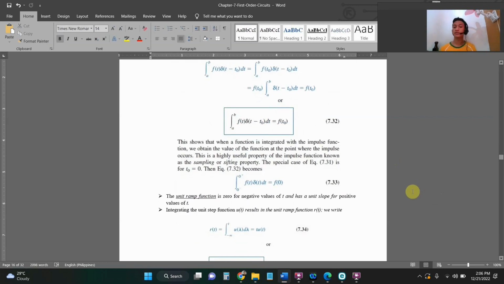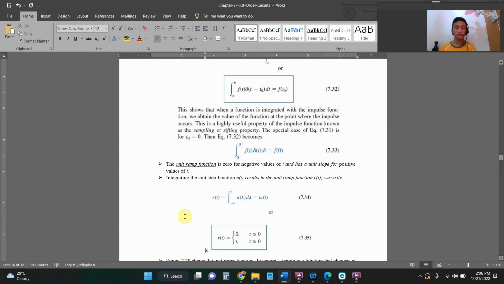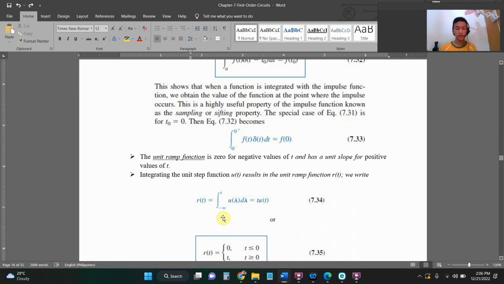The unit ramp function is 0 for negative values of t and has a unit slope for positive values of t. So integrating the unit step function results in the unit ramp function. We can write this as r(t) equals the integral of u(λ) dλ, with the initial and final values of negative infinity and t.